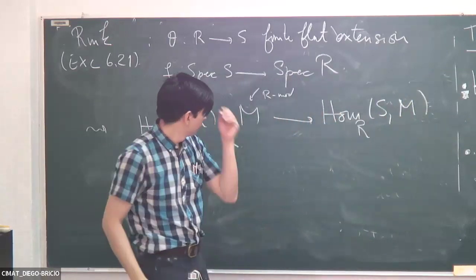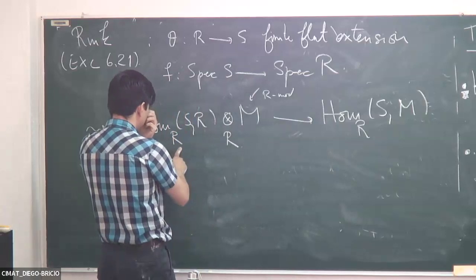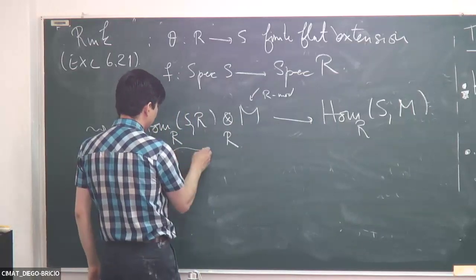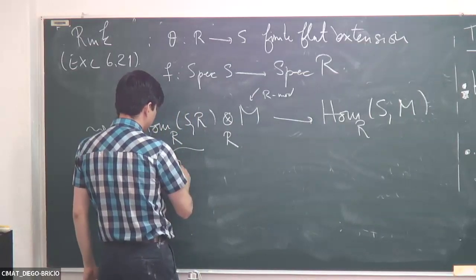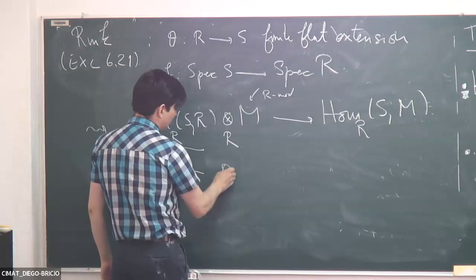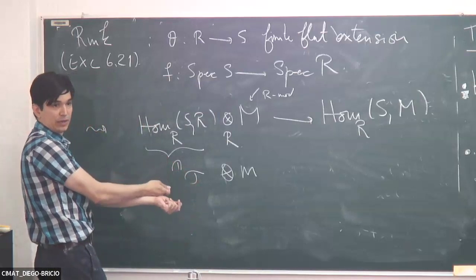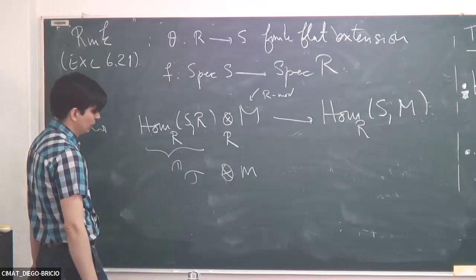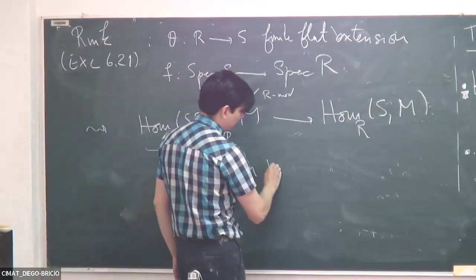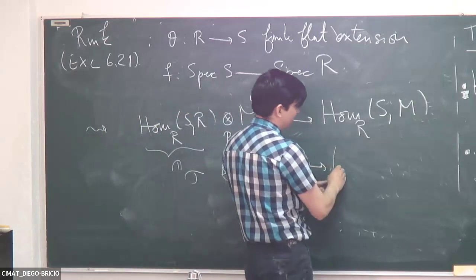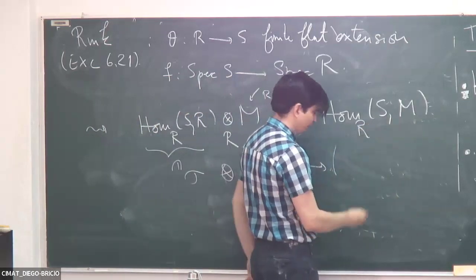How does that work? Well, I need to tell you where to send a map here. So let me take a map here. Let's call it sigma. And let's take an element M. Okay, how do you pair them together in a bilinear way? Well, I have to send it to something that is a map from S to M, right?